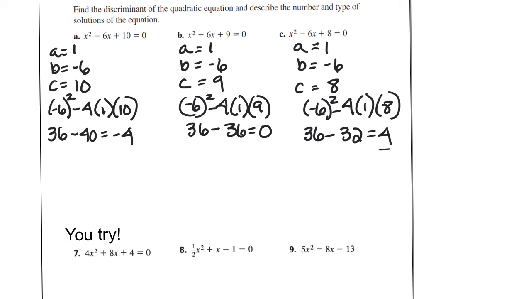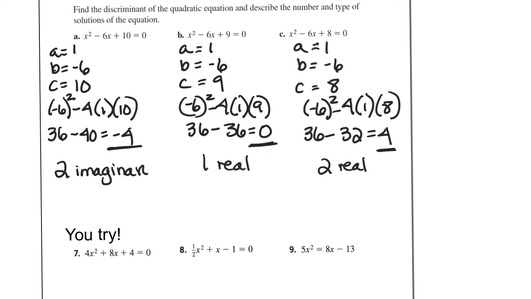So because it's greater than 0, that means there are two real solutions. Because it equals 0, that's one real solution. And because it's negative 4, it is 2 imaginary. And that's all you need to do when you're analyzing the discriminant.